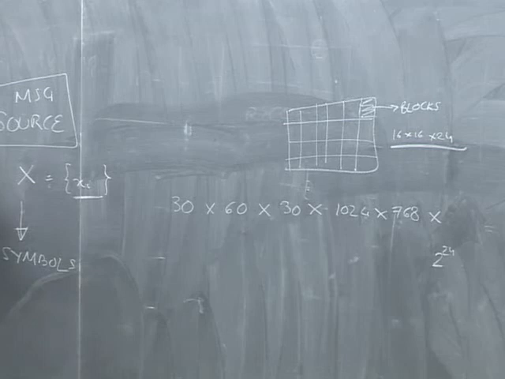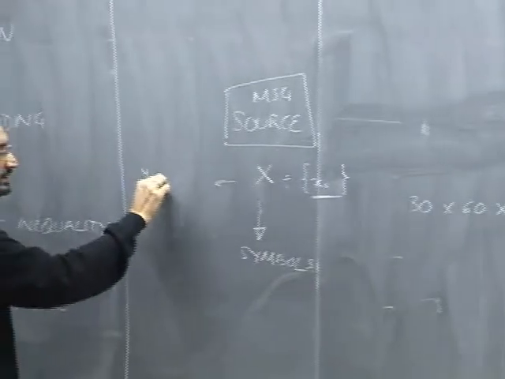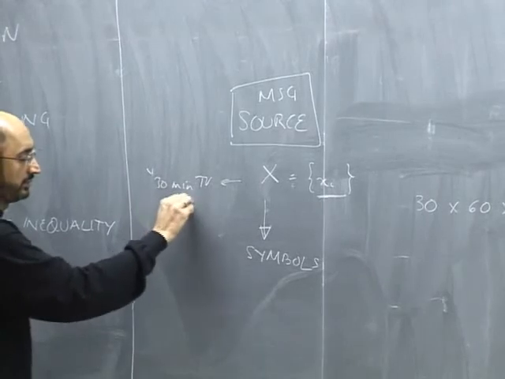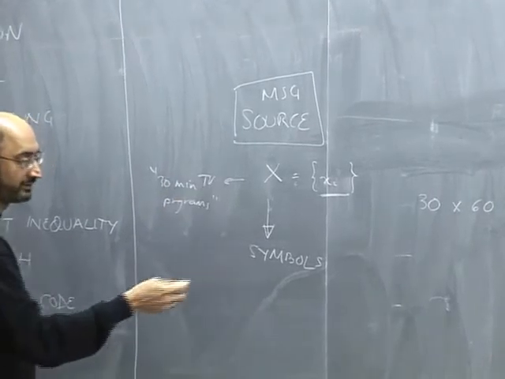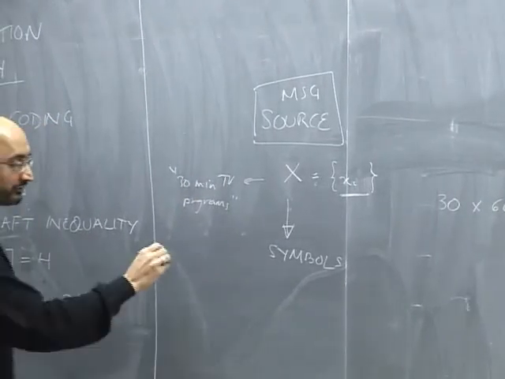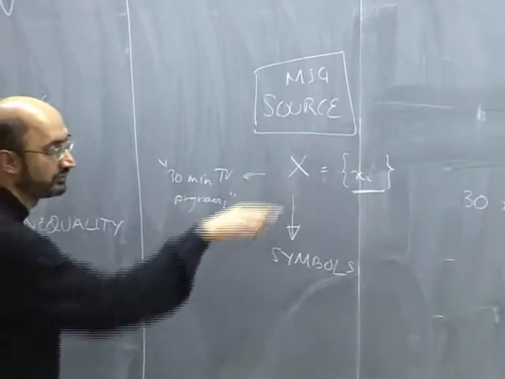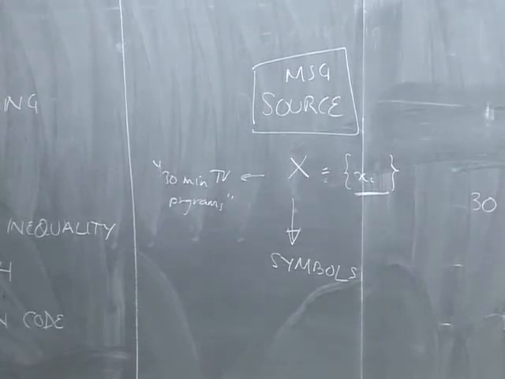We go from messages, which are equivalent to, let's say, 30-minute TV programs, and we have to make a choice, which is really a representation choice, a modeling choice, of symbols which constitute those messages, okay?